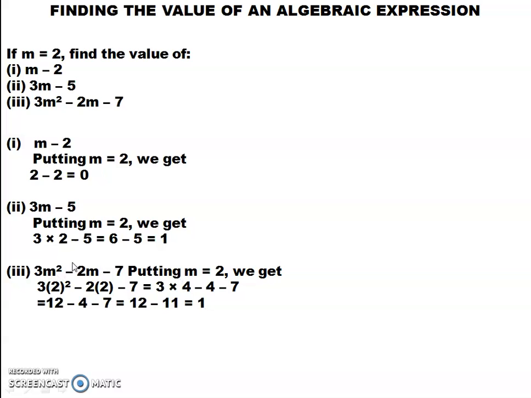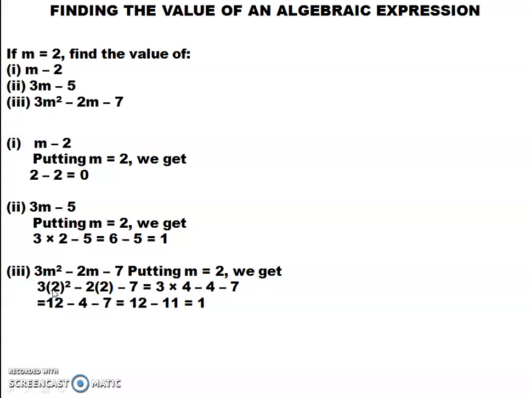Once again, students, listen. M square is m into m. So 3m square is 3 into m into m. So, it is 3 into 2 into 2 minus 2 into 2, which is 4. 7 is a constant, so we will put it as such. 3 into 2 into 2 is 12.